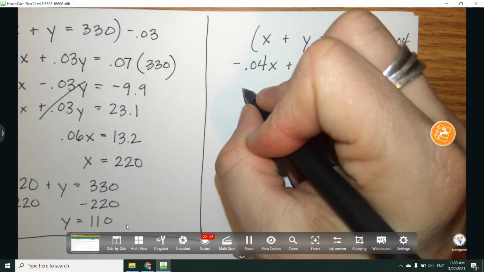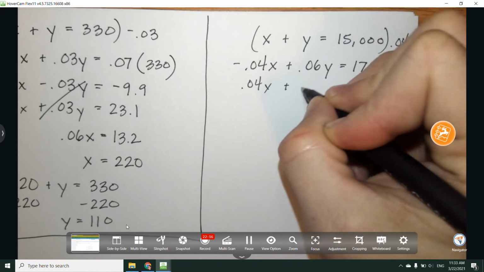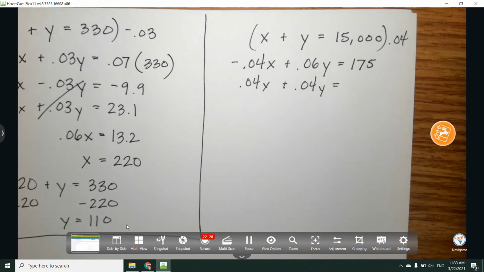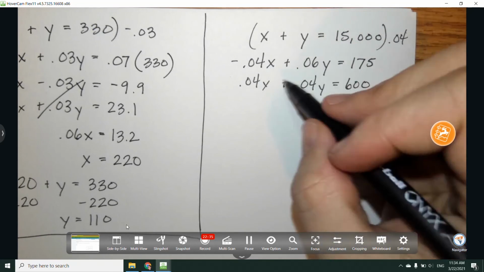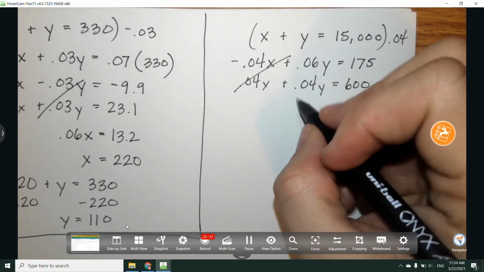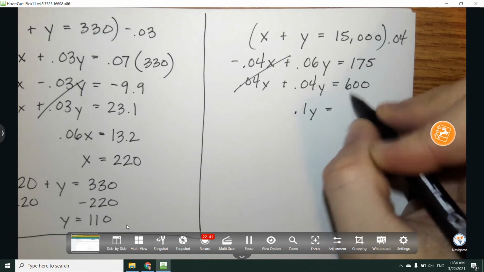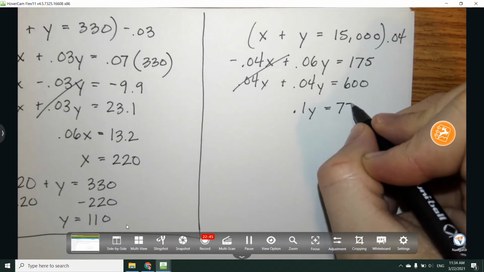So this is 0.04x. This is 0.04y. And then 15,000 for 600. So these eliminate. This turns out to be 0.1y now. And adding these together, we get 775.